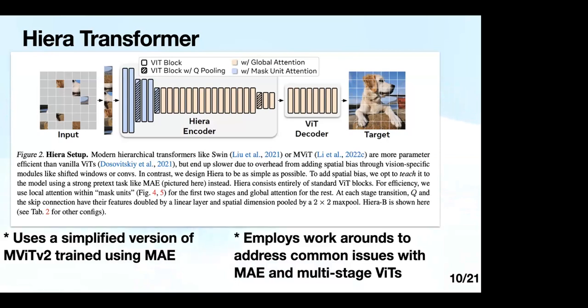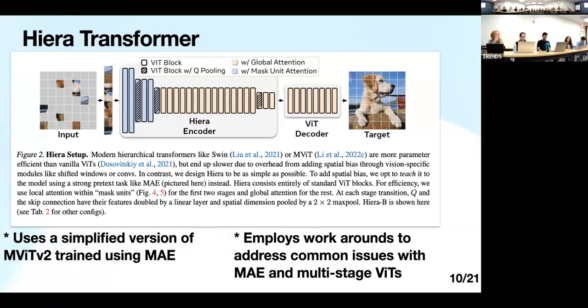In some other papers, instead of a random token, you can put a class token. I think in the original masked autoencoder, they don't use a class token. That is a learnable additional token added to the input image tokens.